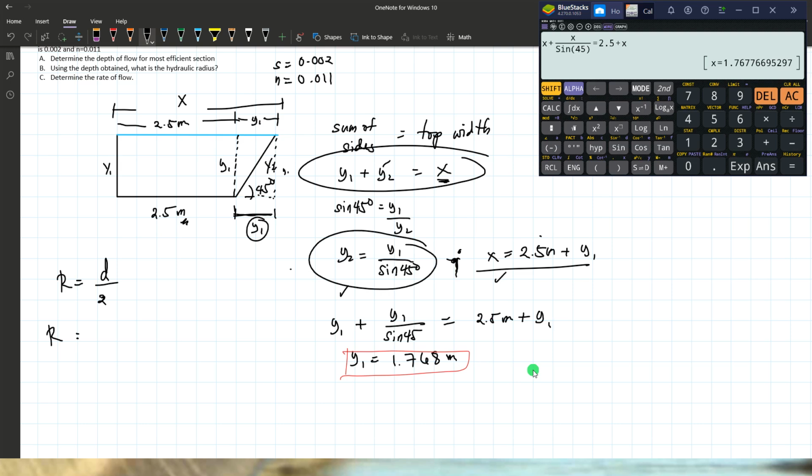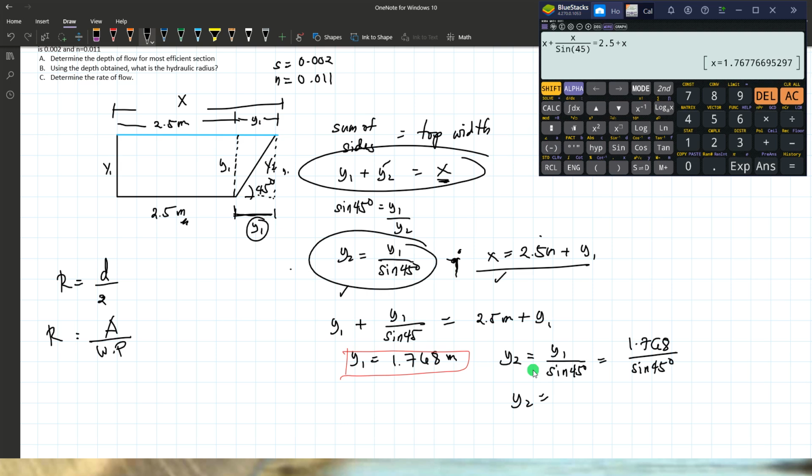So we use the general solution for the hydraulic radius, which is the cross-sectional area divided by the wetted perimeter. Let's determine now y sub 2. Y sub 2 is y sub 1 over sine 45, so 1.768 over sine 45.